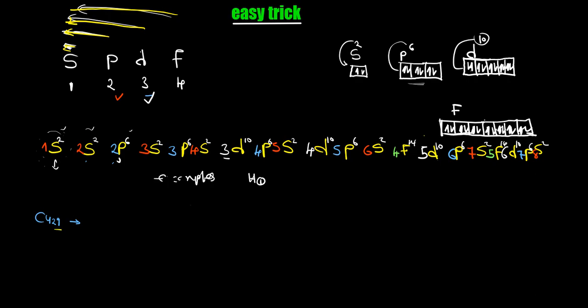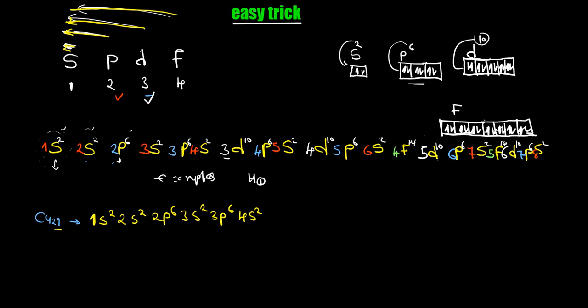For copper, first we write 1s, which will get 2 electrons because we still have a lot of electrons. Then we have 2s with 2 electrons, 2p with 6 electrons, 3s with 2 electrons, 3p with 6 electrons, and 4s with 2 electrons.